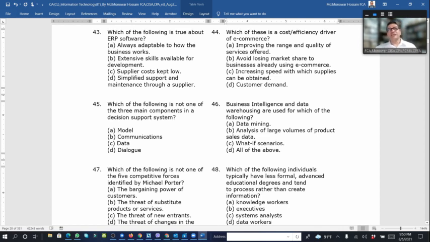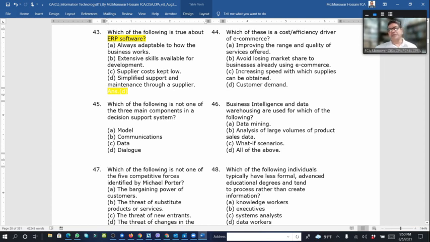Which of the following is true about ERP software? When we go to ERP, we will understand chapter 5 also, chapter 5 or 4. Which one is true? The answer here says D: simplified support and maintenance through a supplier.